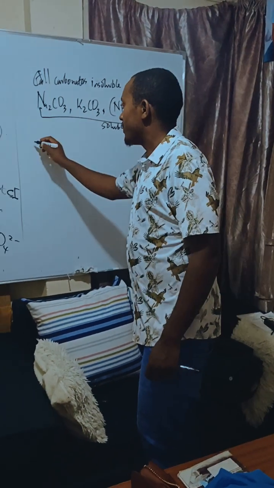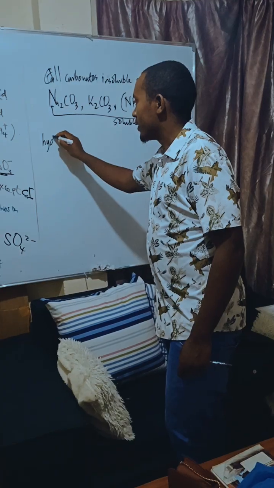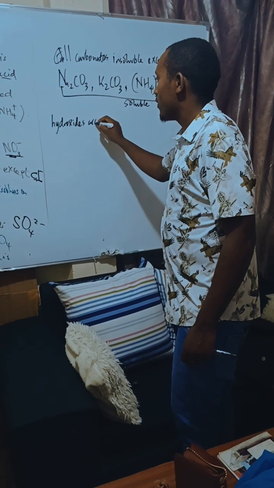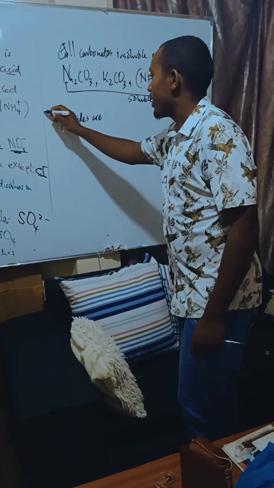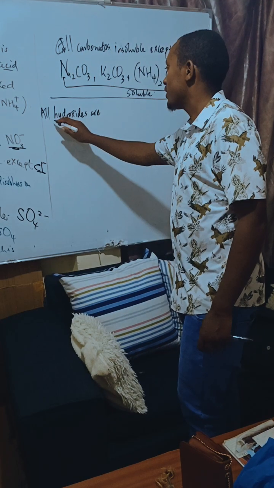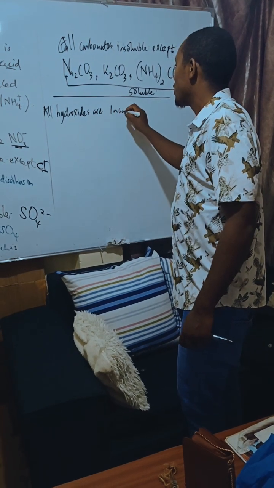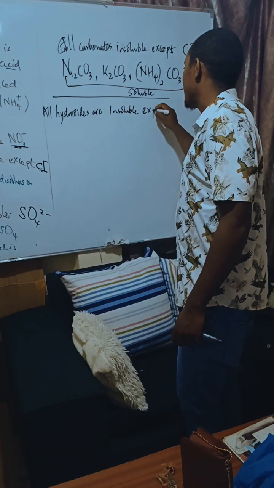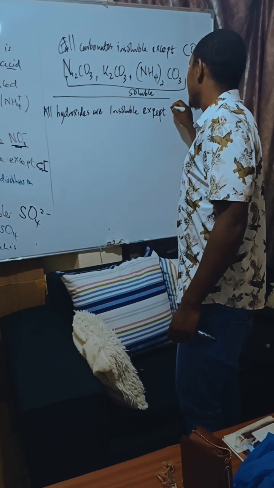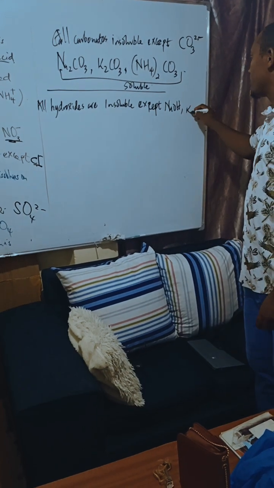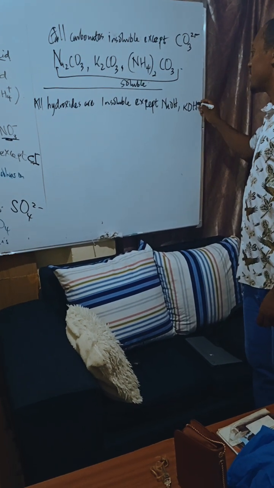We will also talk about hydroxides. These are not salts, they are bases. All hydroxides are insoluble, except the alkalis, sodium hydroxide and potassium hydroxide.